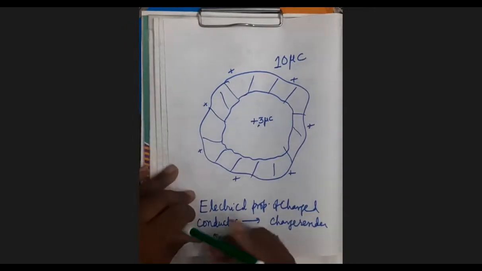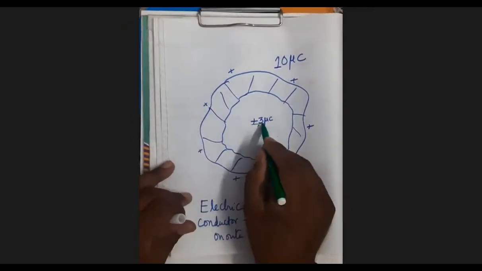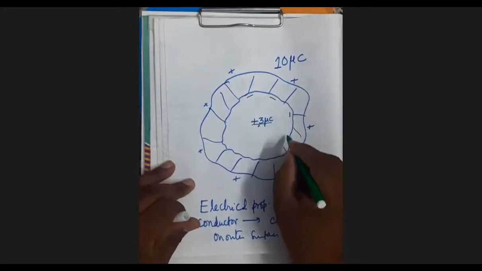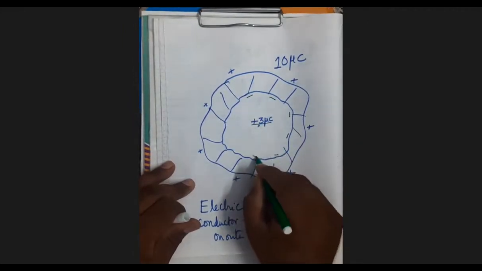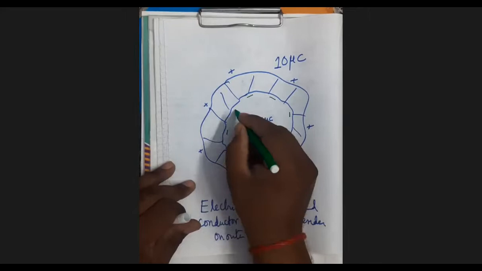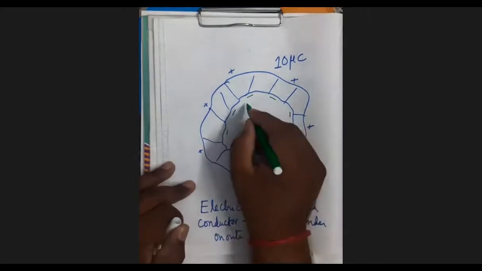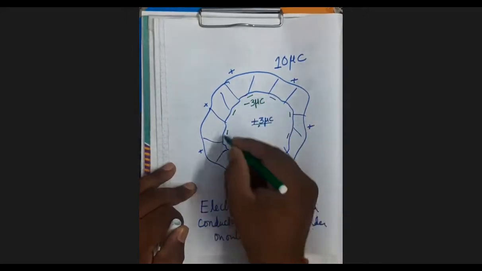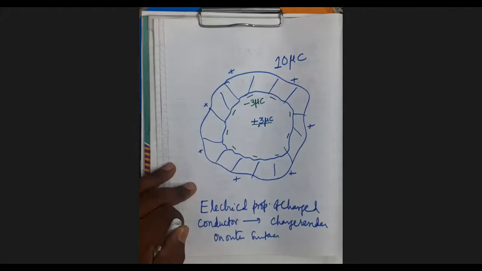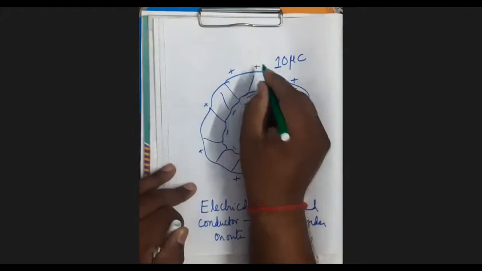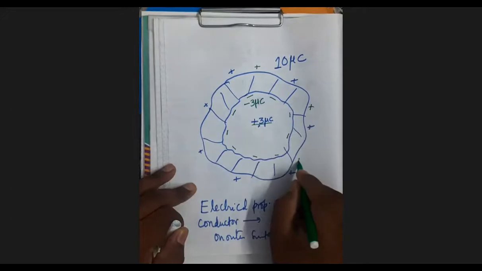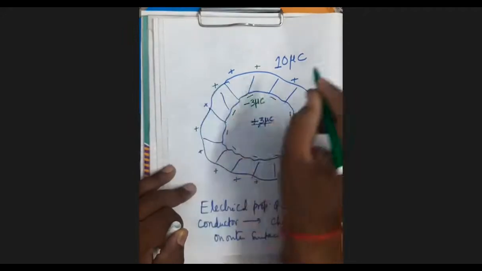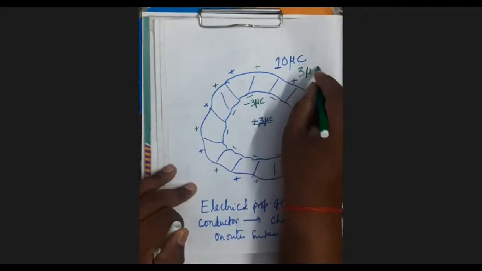Now what will happen? Because of the presence of this charge within the cavity, a negative charge of the same magnitude will be produced on its inner surface. In the equilibrium, a negative charge of -3 microcoulomb will be produced on the inner surface of this cavity. And then on the outer surface, positive charge of 3 microcoulomb will be produced.